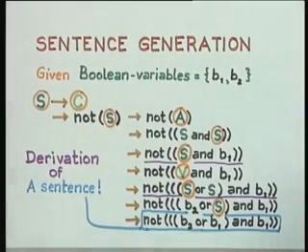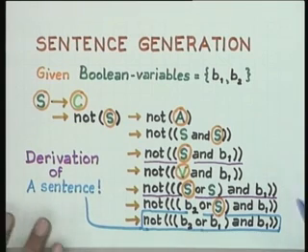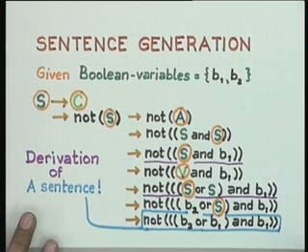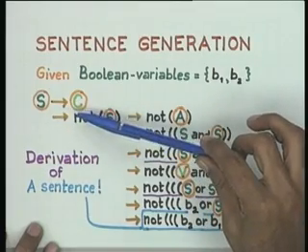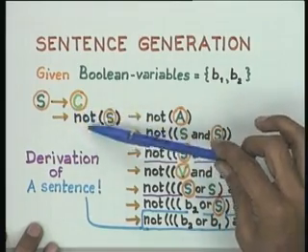Using this grammar. So, now let us take a look at this sentence generation carefully. If your ultimate aim is to generate this sentence of this grammar, then let us look at how we have applied the productions or fired the productions.